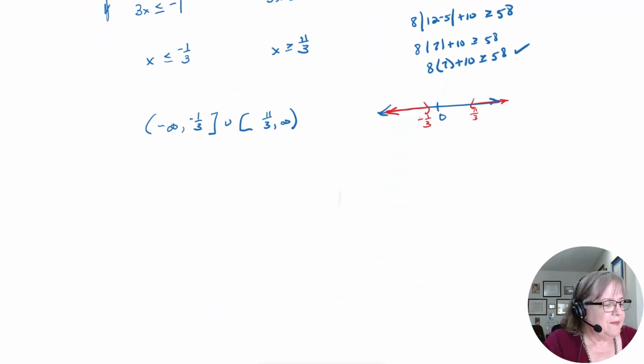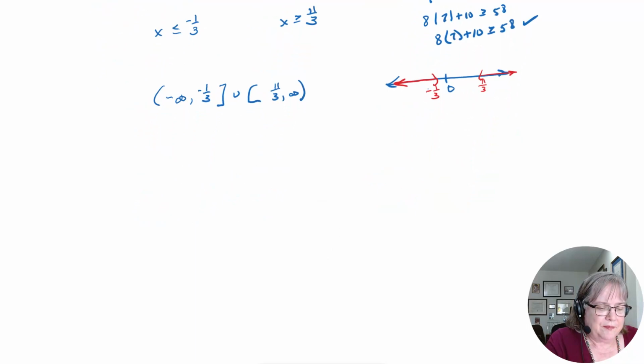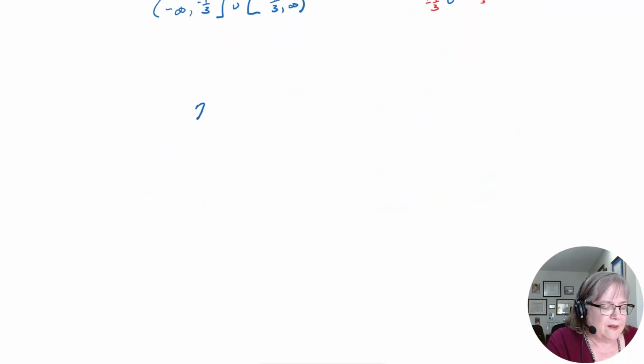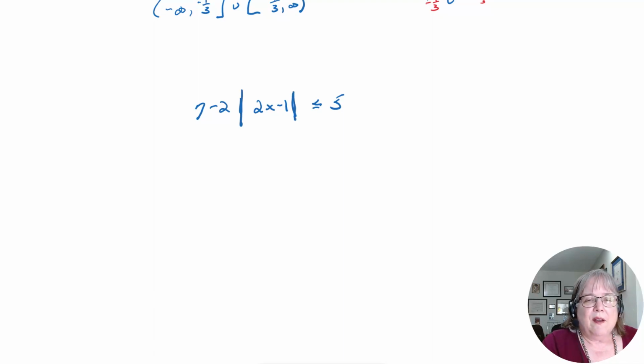Now, moving on, let's do another one. 7 minus 2 times the absolute value of 2x minus 1 less than or equal to 5. Now, simplify the left. Can you take 2 away from 7? Well, you could if it was just 7 minus 2 out in the middle of nowhere.